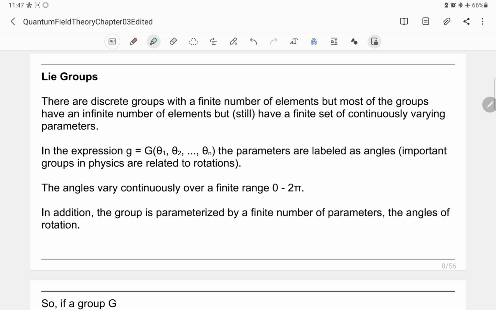So we now go to Lie groups. There are discrete groups with a finite number of elements, but most of the groups have an infinite number of elements, but still have a finite set of continuously varying parameters.